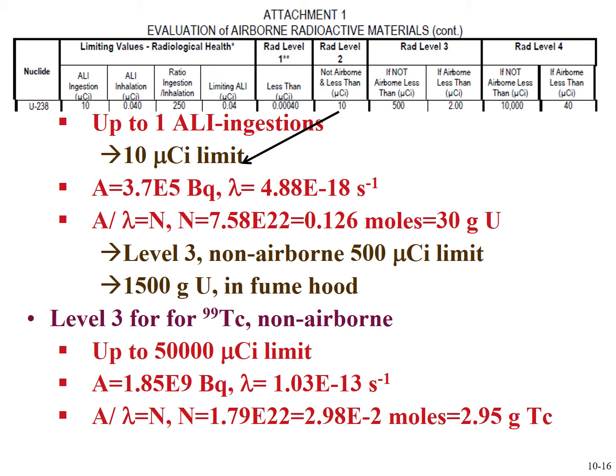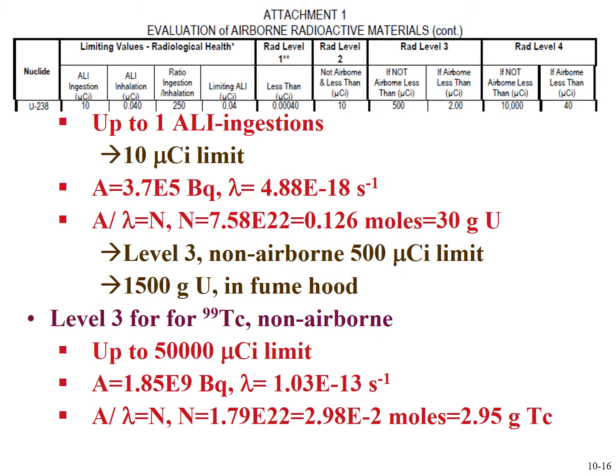Well, if we use activity equals lambda N, we find N, we can get moles, and then we can get mass. So I take 10 microcuries, I convert that to becquerel, I get my decay constant for uranium-238. I solve this equation. I see that 10 microcuries is 7.6 times 10 to the 22 atoms of uranium-238.